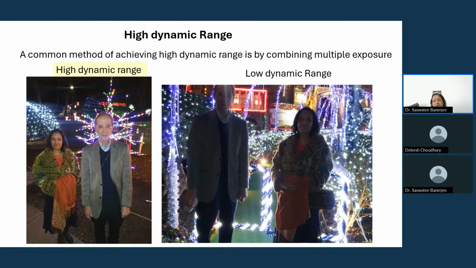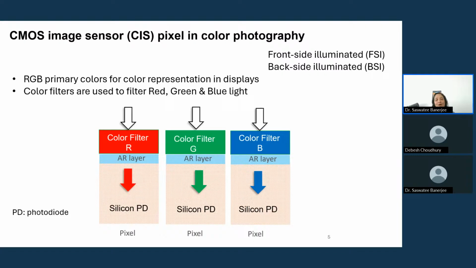They combine multiple exposures. Again, this is not done in optics. This is where the optoelectronic part comes into effect. A lot of these things are done in electronics, so this multiple exposure is done on the electronic side. But in any case, this is one way to enhance or increase the dynamic range.